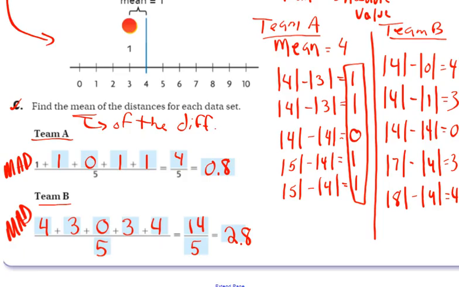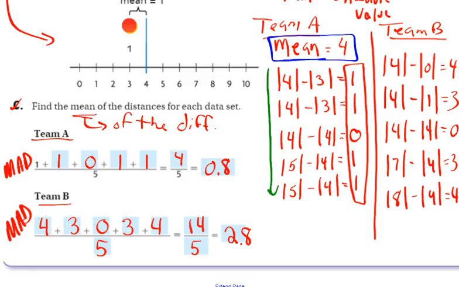Okay, so this is what we did. To find the mean absolute deviation, the first thing you always do is find the mean, which we did right here. That's provided. The next thing I had to do was take each piece of data and subtract it from the mean to find the differences. That's what I did right here.